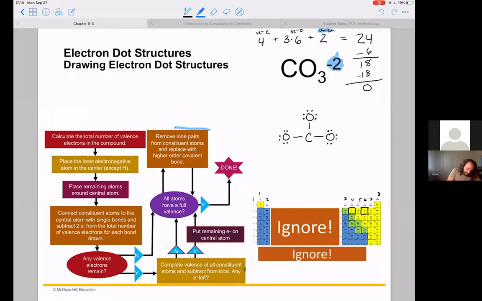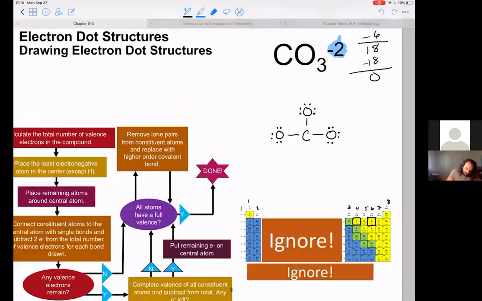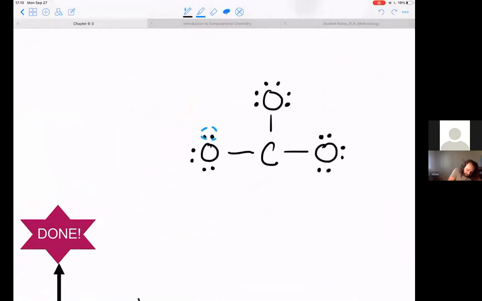So now I'm going to get to this step where I remove a lone pair from the constituent atom and replace it with a higher order covalent bond. Notice that it doesn't matter which oxygen I choose. Any one of them will satisfy it, right? So let me copy this real quick. If I take this pair of electrons from this oxygen and move it down here, forming a bond, that would work.